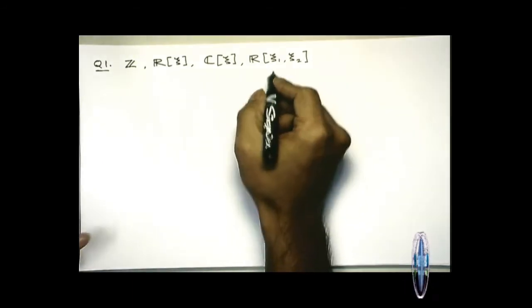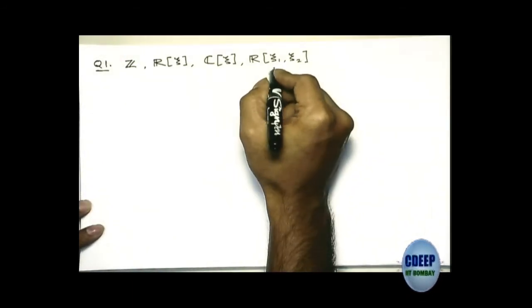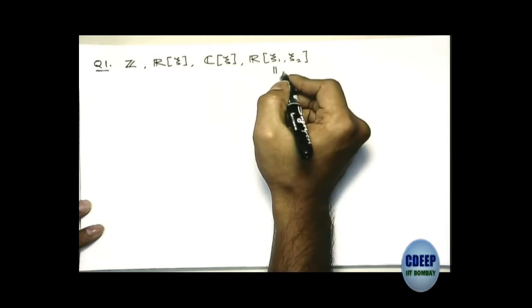This means this is a new thing that we are seeing. This is the set of all two variable polynomials.